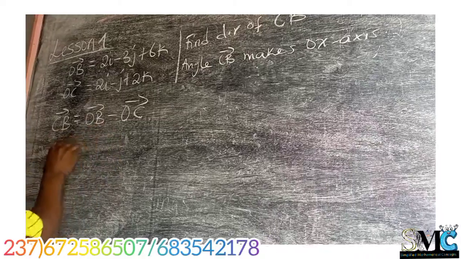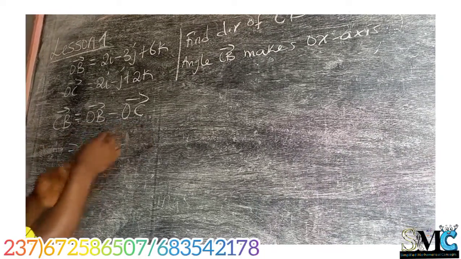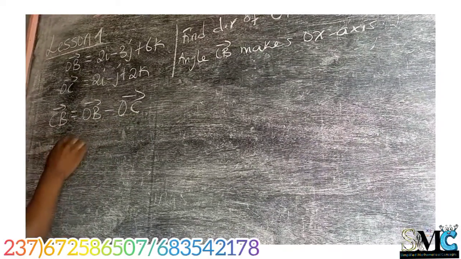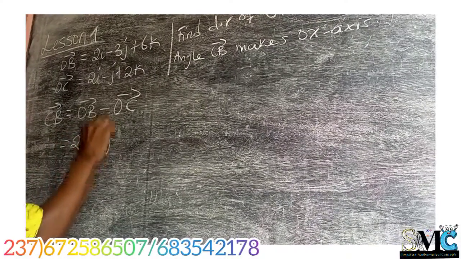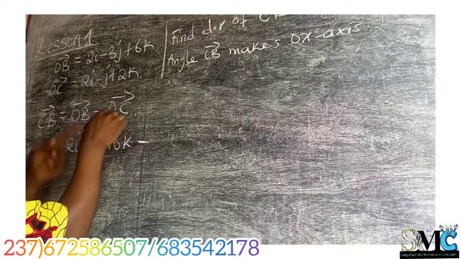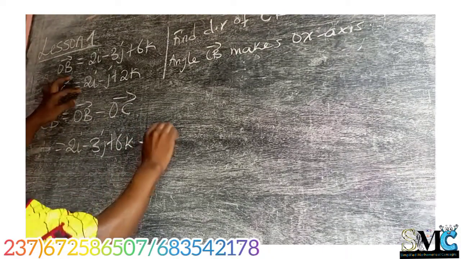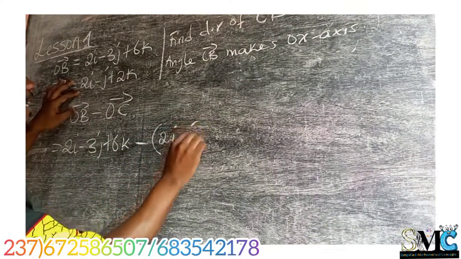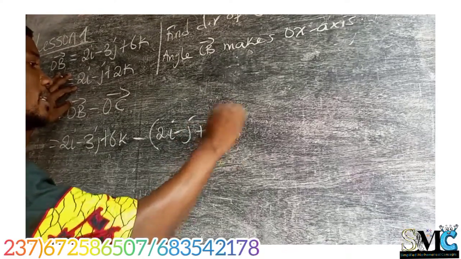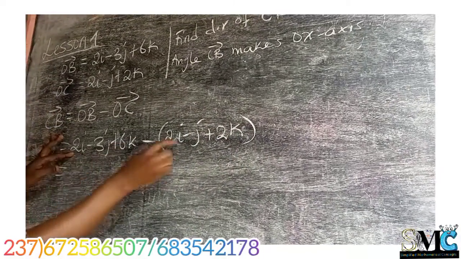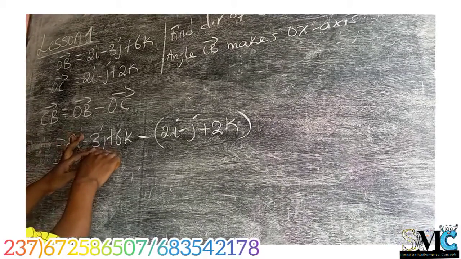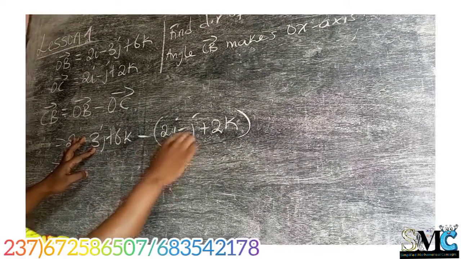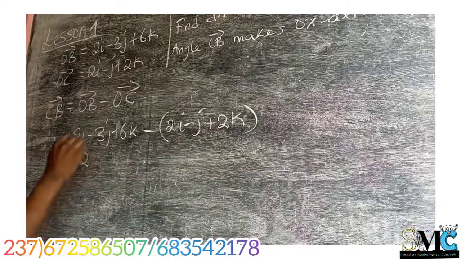So substituting OB here and OC here, we simplify to get CB as 2i minus 3j plus 6k minus OC. OC is 2i minus j plus 2k. Simplifying this gives us 2 minus 2, which is 0i. Then we have negative 3j plus j gives us negative 2j.